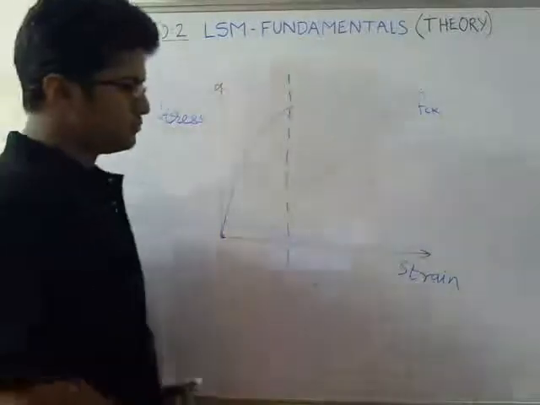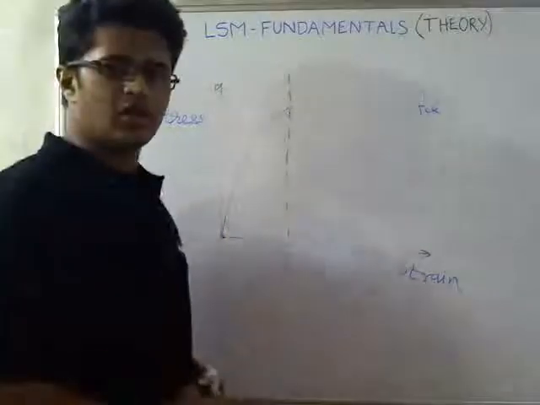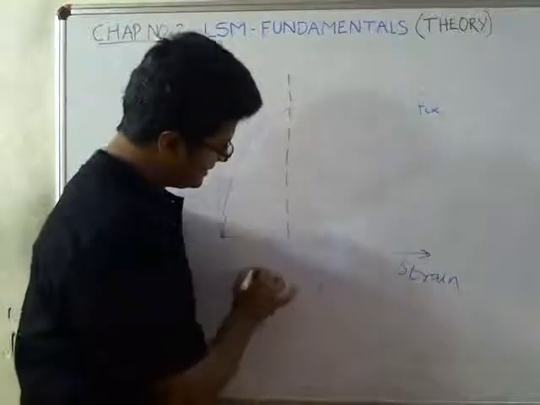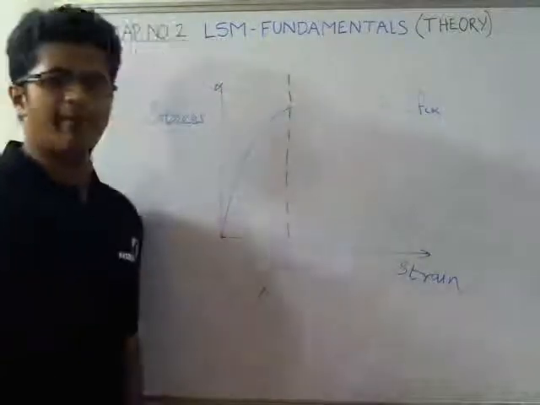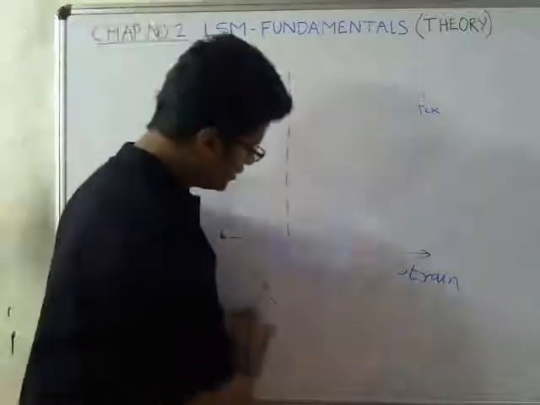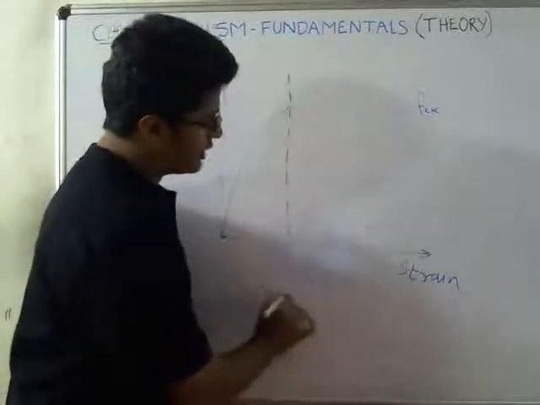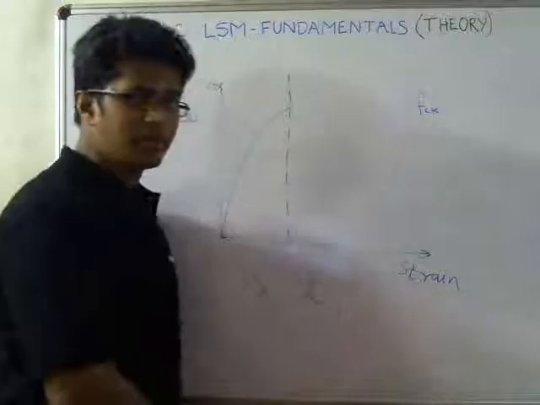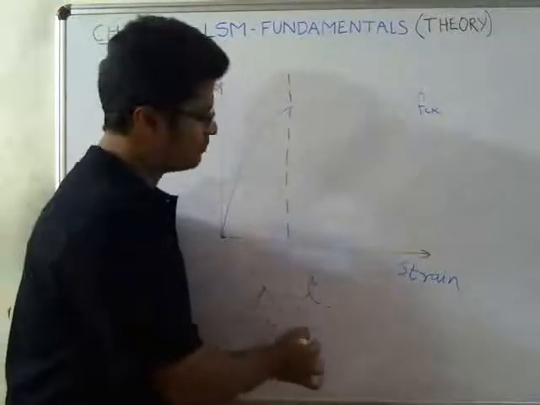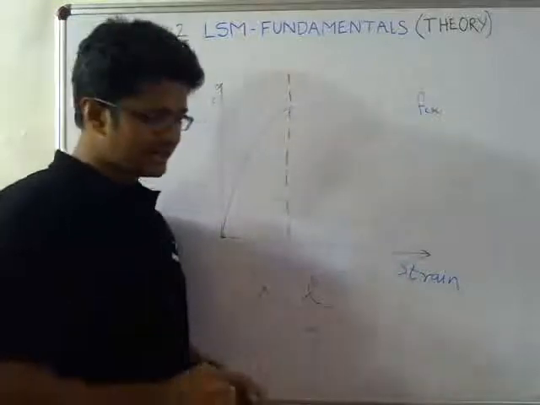Okay. This is the graph. Now, there is a term called slenderness ratio, which is represented as lambda. Slenderness ratio is nothing but the ratio of the longer dimension, suppose the length of the beam, upon one of the cross-sectional dimensions, suppose B, so L upon B. This is the slenderness ratio.